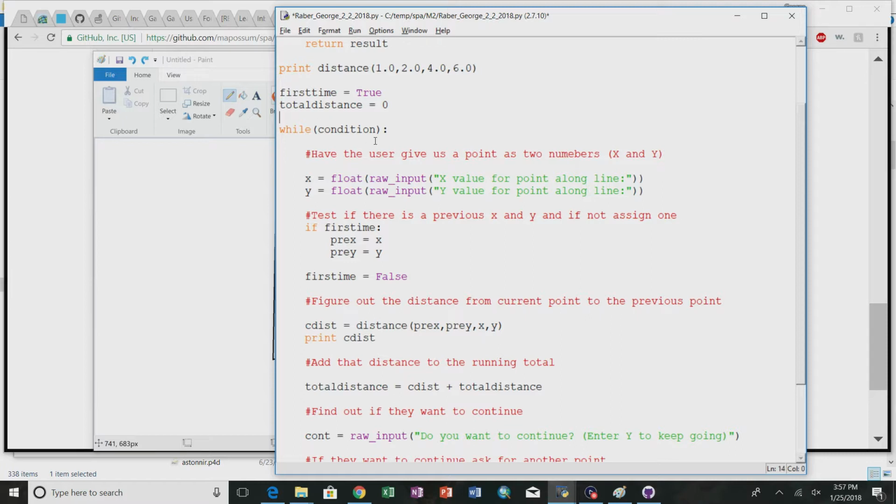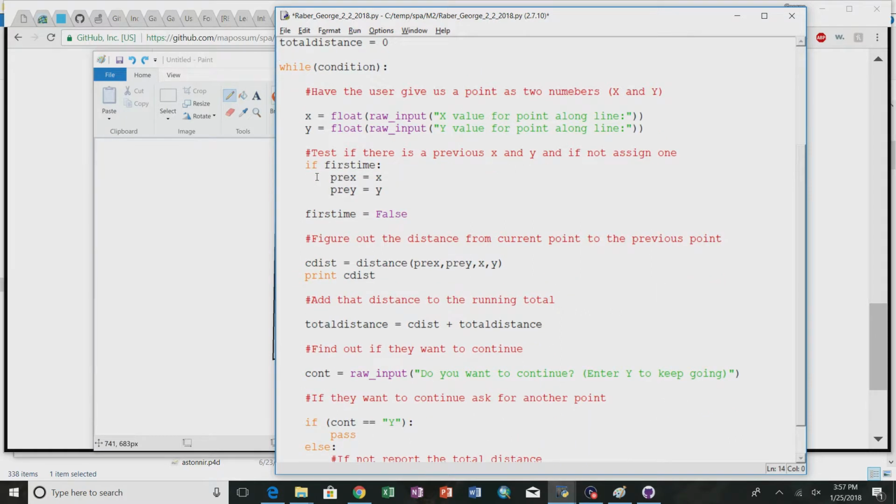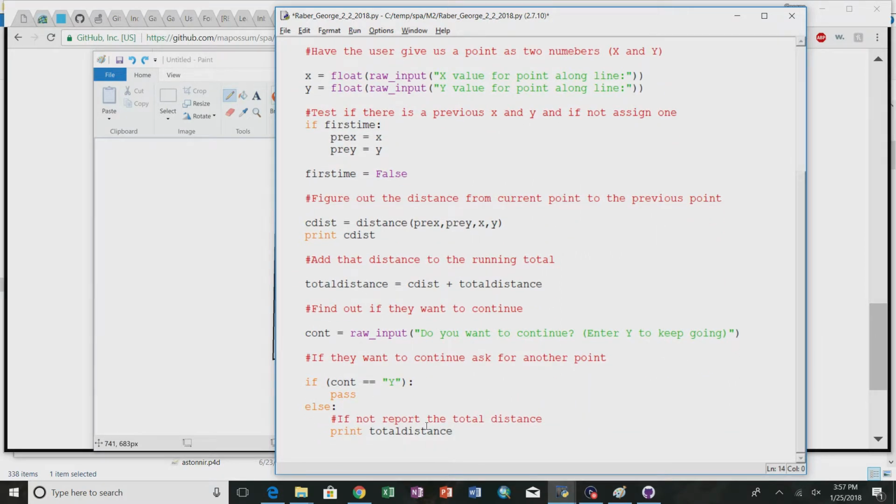So you might have to set up a precondition like continue equals true. You might have to set that up right there. And then you would make sure that you said continue equals false down here. Okay? And then it should work. Hopefully it works. I didn't even try to run it yet, so it may not work. All right.